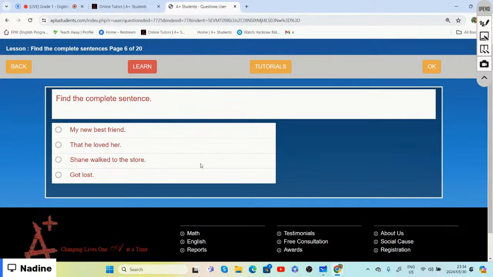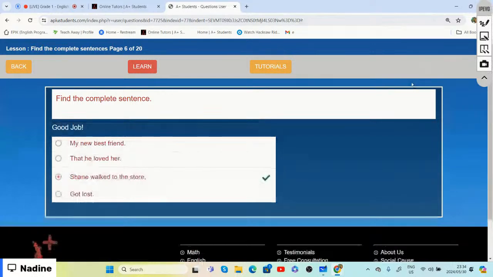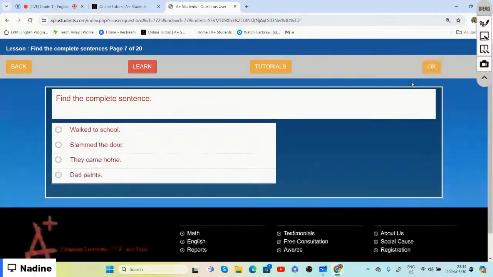All right. So if we were to select the complete sentence, we will say Shane walked to the shop, meaning Shane is our naming part, right? And then walked to the shop is our action part. All right, so number three is our complete sentence.